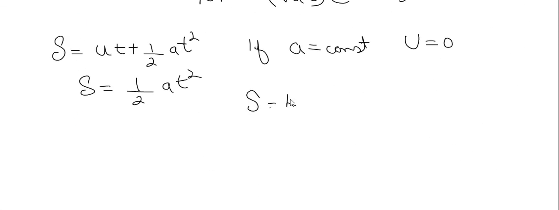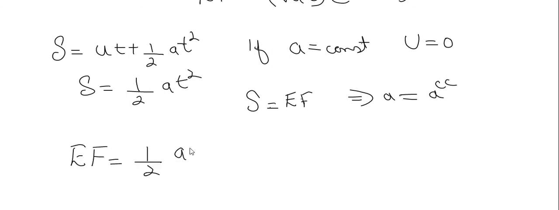So we can substitute S equal to EF, and the corresponding a will be the Coriolis component of acceleration. So EF is equal to half of the Coriolis component of acceleration times t square. Here the time is dt, so dt square.